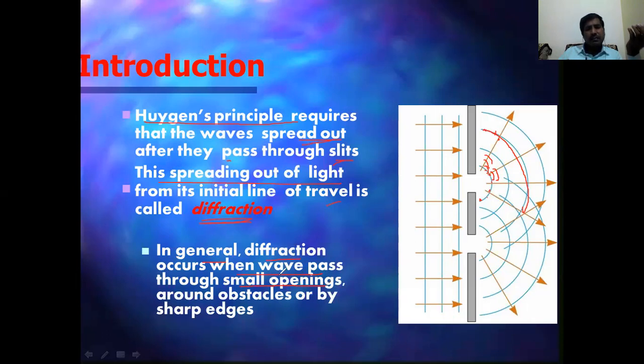As I mentioned, why do we need a small opening? Because it should be comparable to the wavelength of the light that you expose. If you are exposing red light, the opening size should be about the wavelength, suppose 7,000 angstrom units.